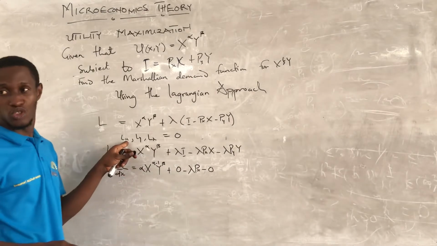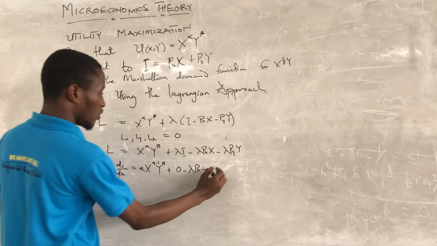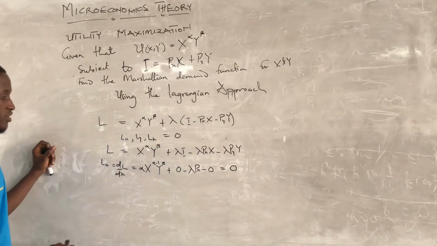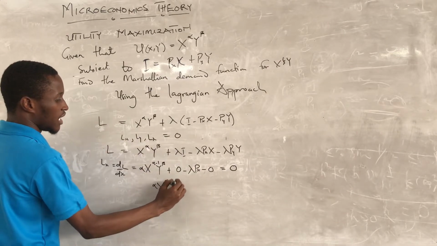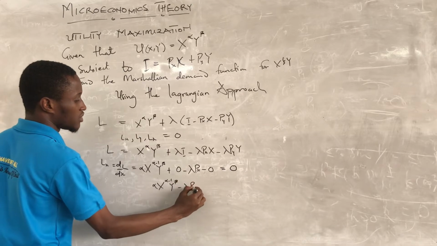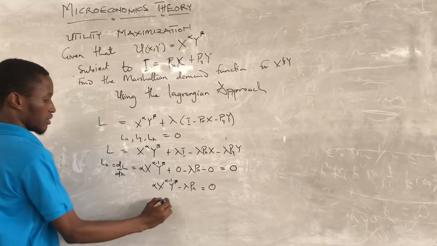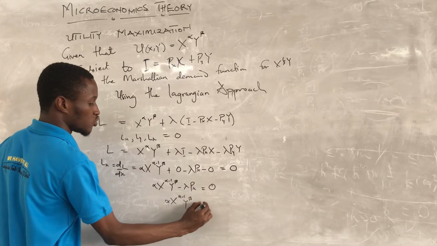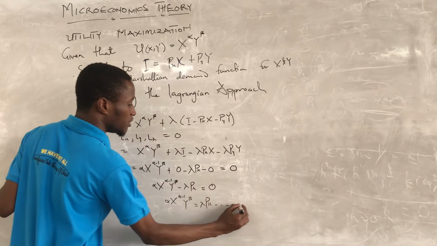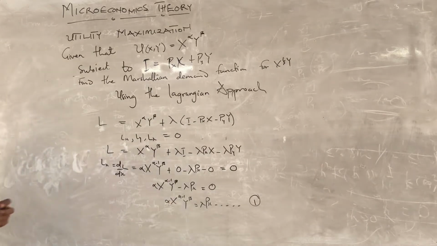We said that it should be equal to 0, so I have equal to 0. So I have alpha x^(alpha minus 1) y^beta minus lambda px is equal to 0. I have alpha x^(alpha minus 1) y^beta equal to lambda px. Let this be equation 1.